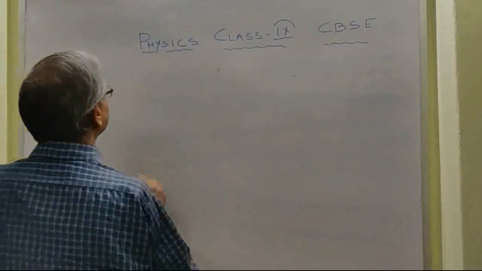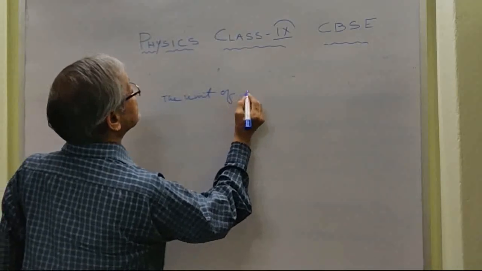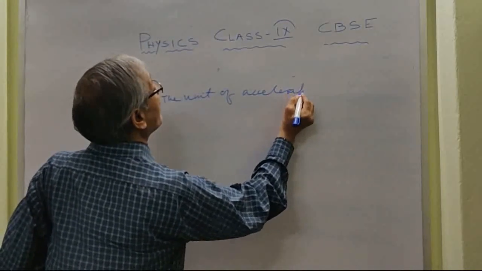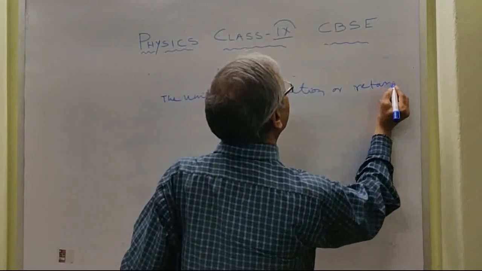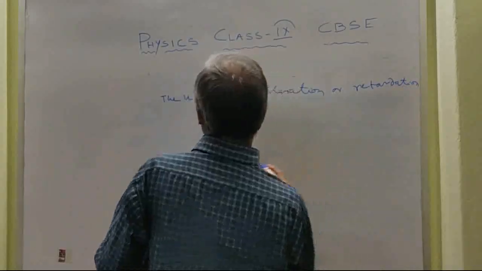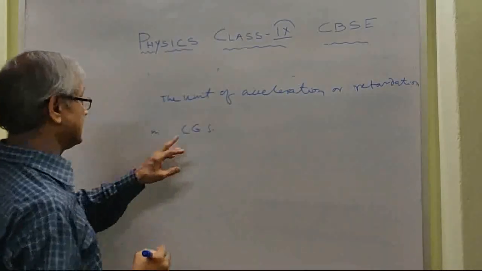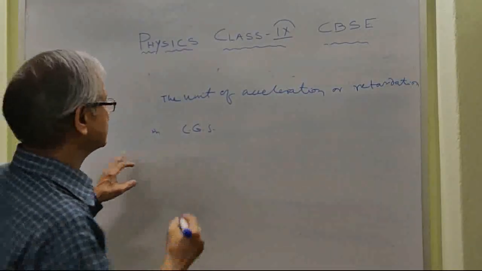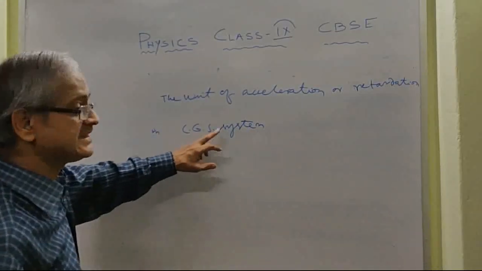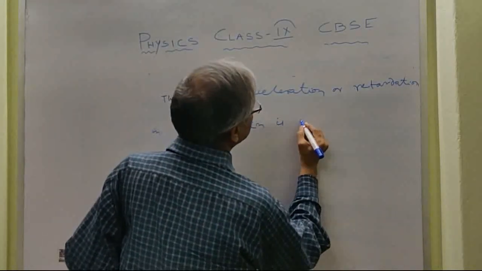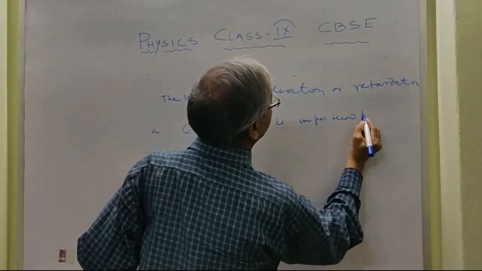For example, in CGS means centimeter gram second system, the unit of acceleration or retardation is centimeter per second per second.